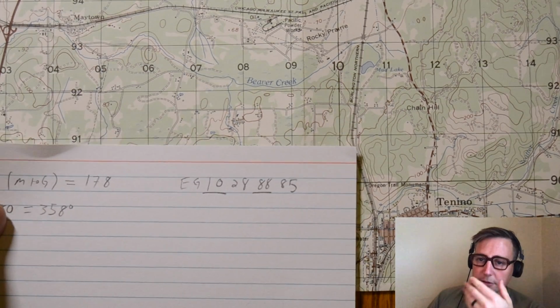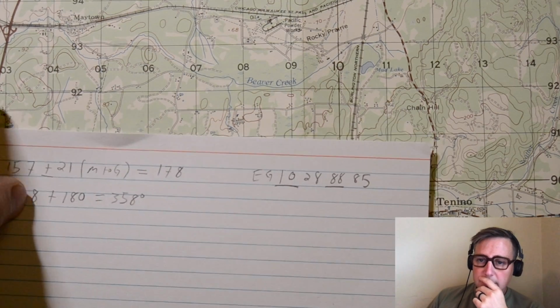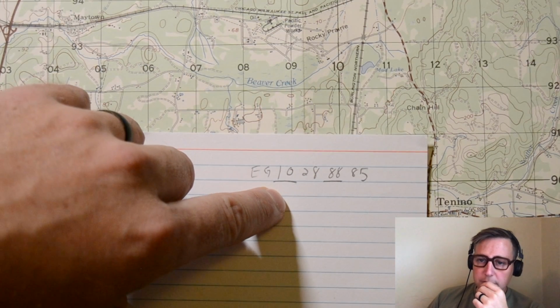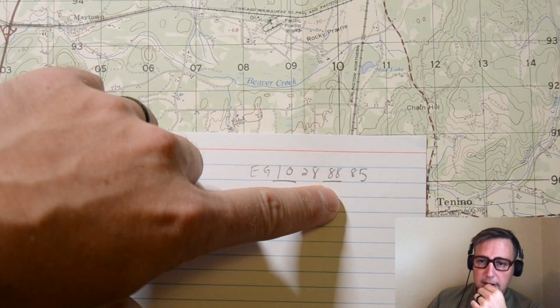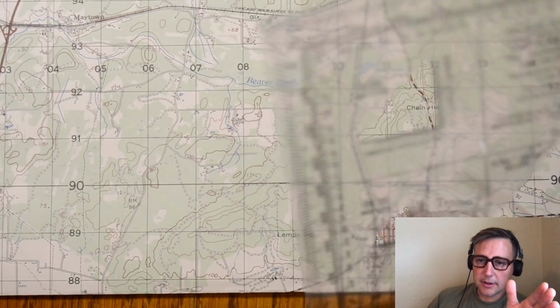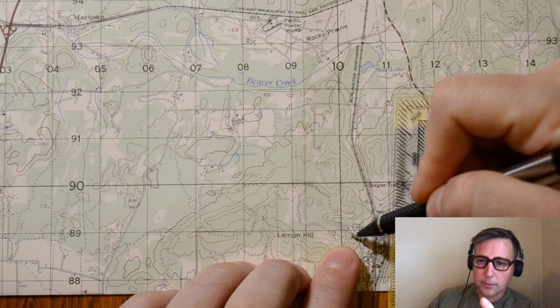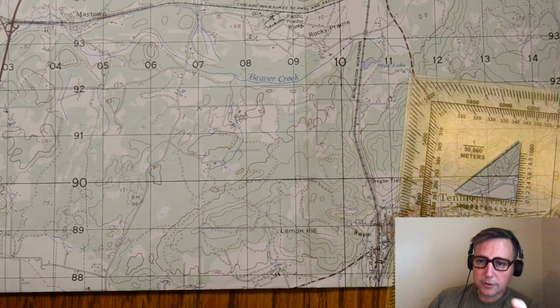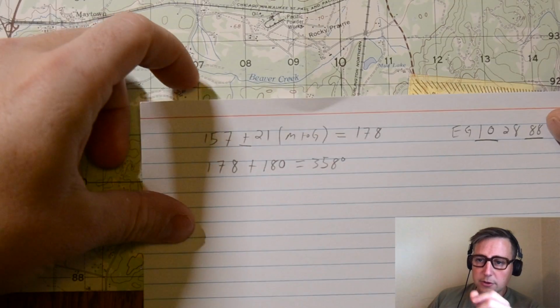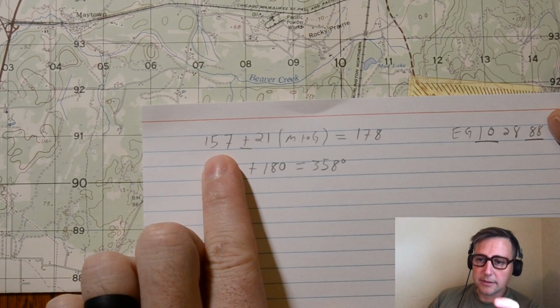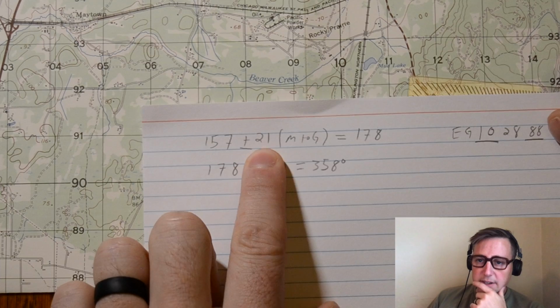And how to find an 8-digit grid is you're going to look at the first 2 digits of each section, like I just underlined there, and once you find where that grid square is, then you can use your protractor and find the second 2 digits.